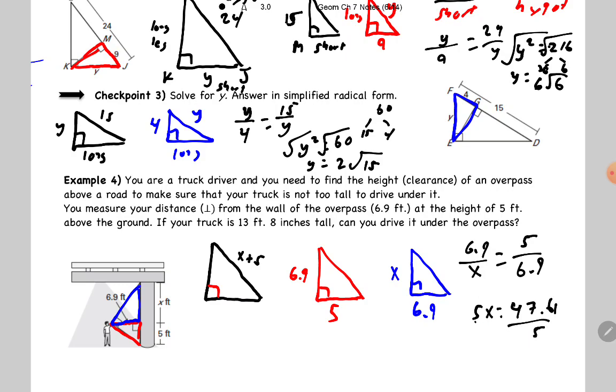Divide that by 5, and you'll get x equals 9.522 feet. Okay, add that to 5. So the overpass height is 14.522 feet. If your truck is 13 feet 8 inches tall, that means it'll fit. It'll fit under the overpass.